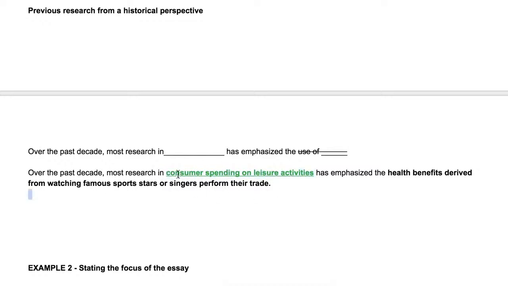Now, that's a good sentence because it's pushing me to making my claim, it's pushing me into giving evidence, and also here, consumer spending, I've made it green because it's topic-specific vocabulary.